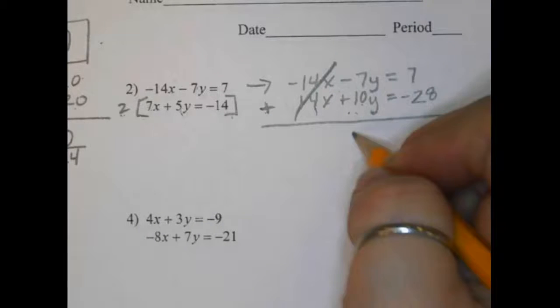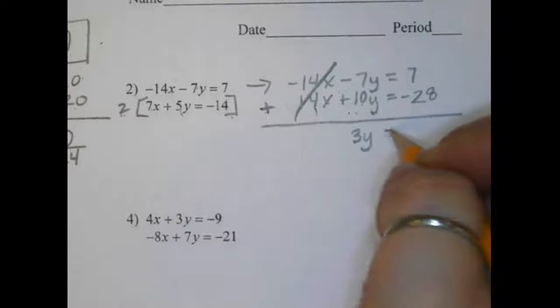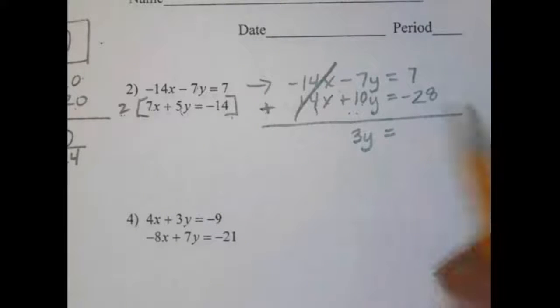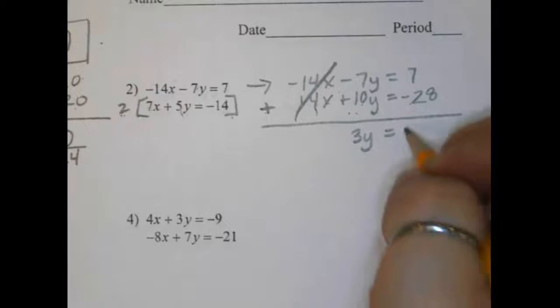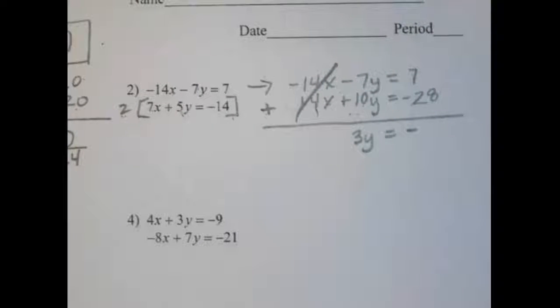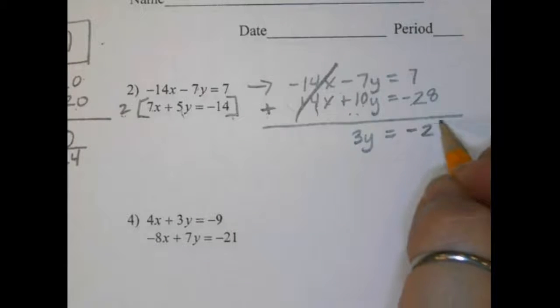So this is going to give me 3y. Now I have, again, a negative and a positive. I'm adding them, but since I have a negative and a positive, I'm actually subtracting, right? So what's my bigger number? Negative 28. So my answer is going to be negative. What is 28 minus 7? So my answer is negative 21.